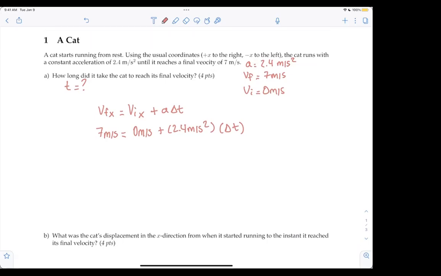I can't see if anybody else has hopped in on the Zoom, but hopefully I can hear from everyone just to make sure everyone's on the same page. But so far, 2.9 is the consensus. Delta T is equal to 2.9.